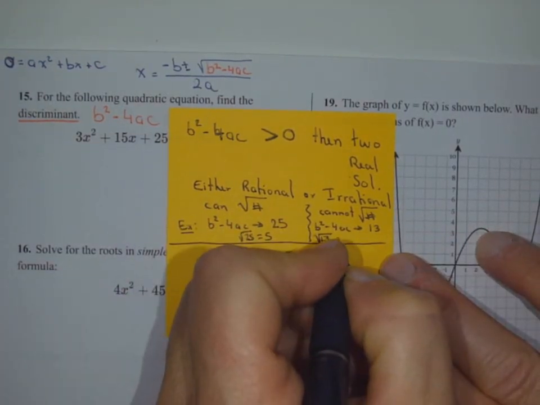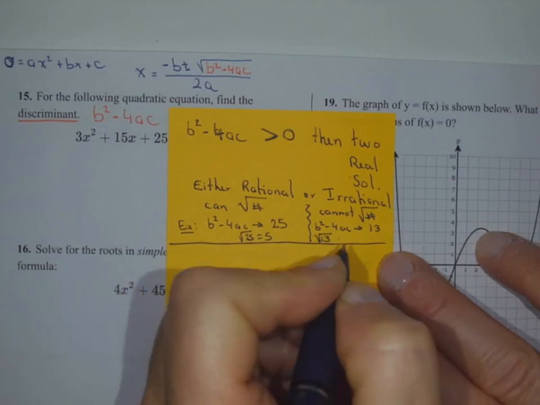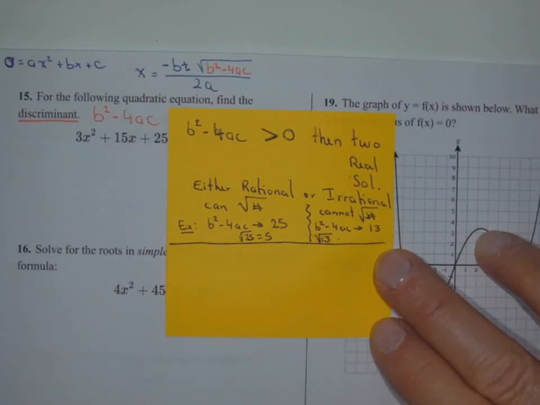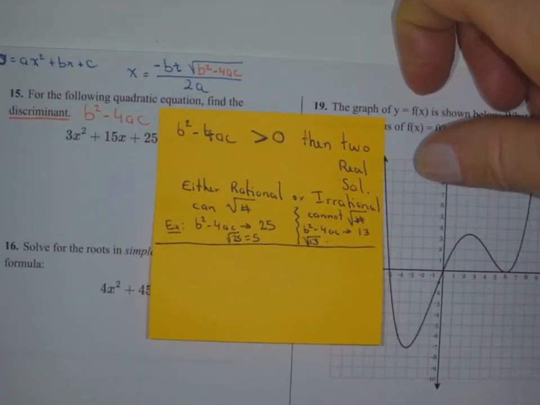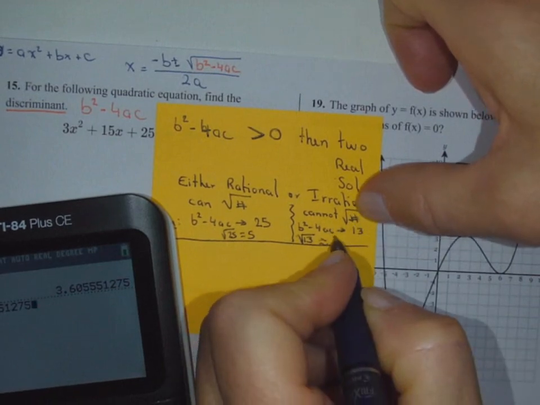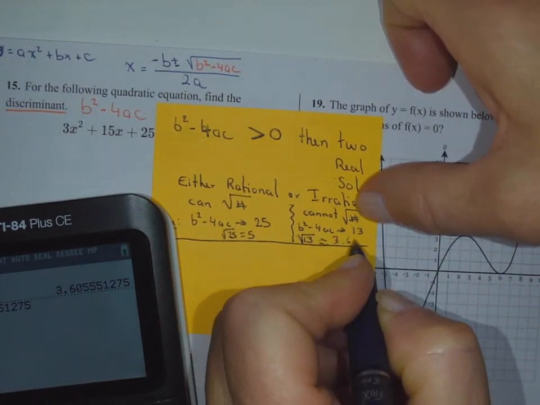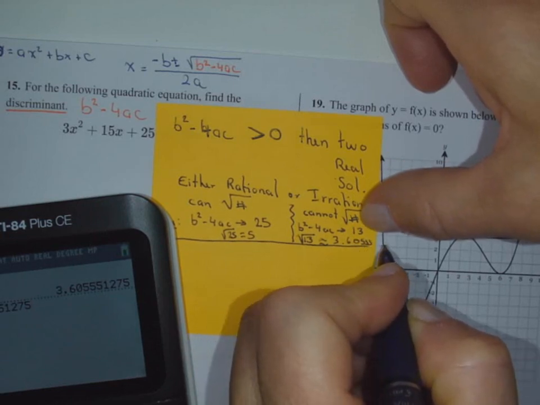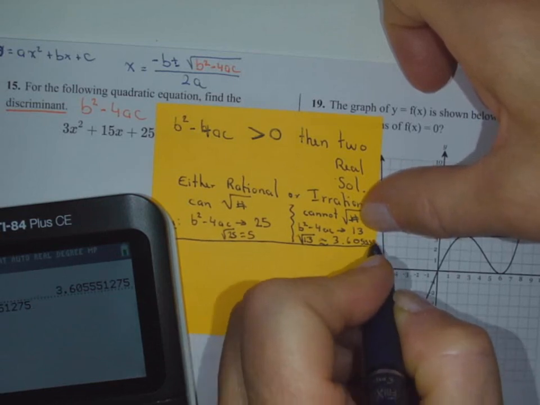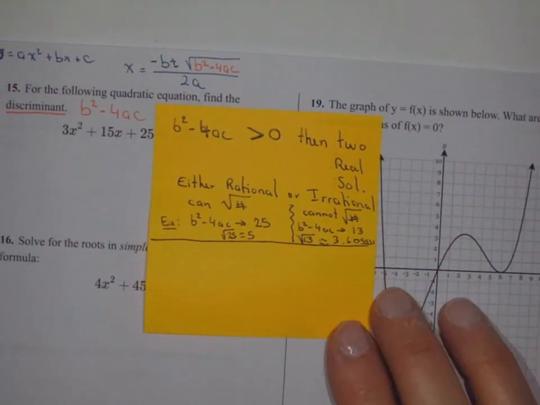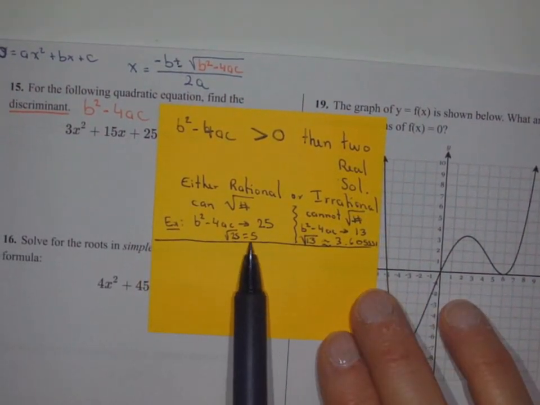The square root of 13 is about 3.6055512, etc. So it's a decimal that never repeats, never ends, as opposed to this.